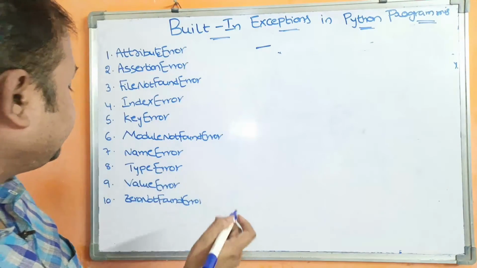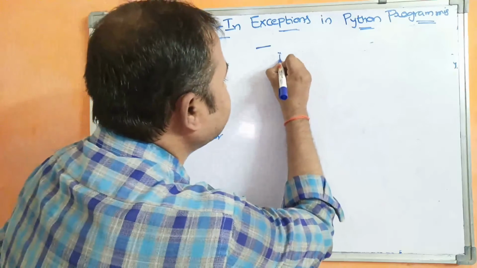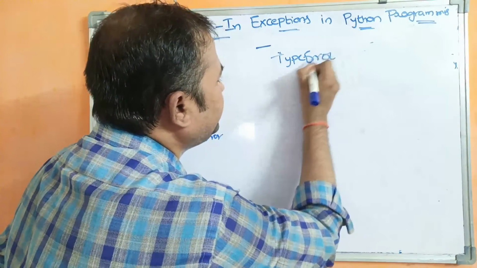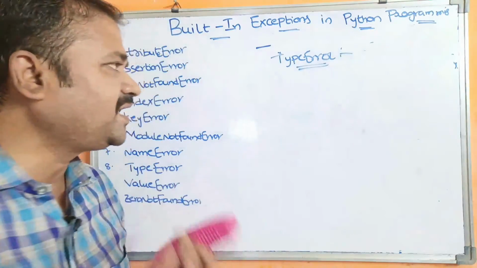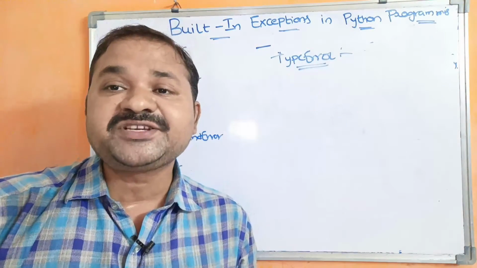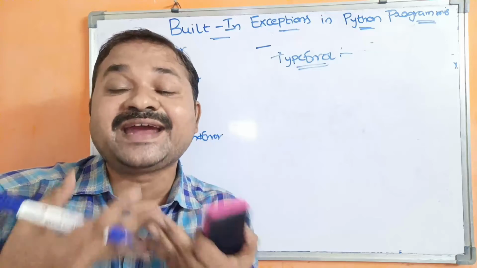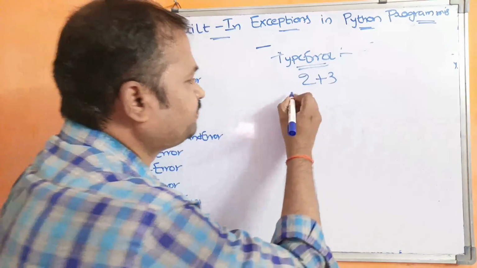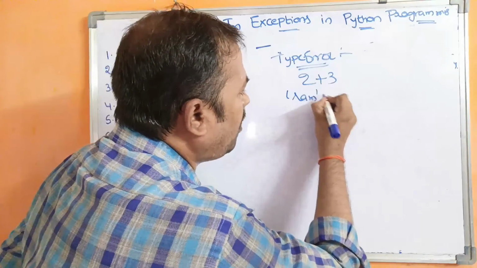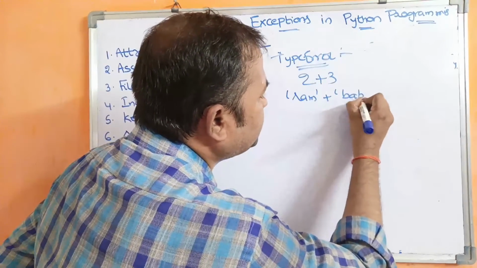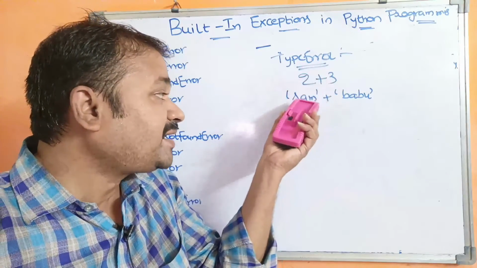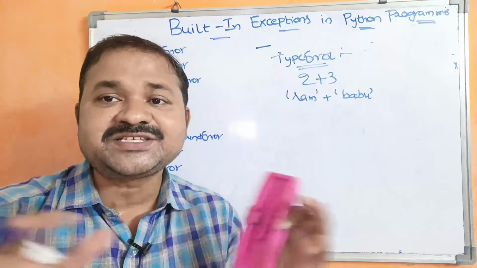And the next one is type error. A type error exception will be generated if we try to perform operations on unsupported data types. The result of 2 plus 3 is 5. The result of Ram plus Babu is Ram Babu. But if we try to add a number and a string, that is not possible.